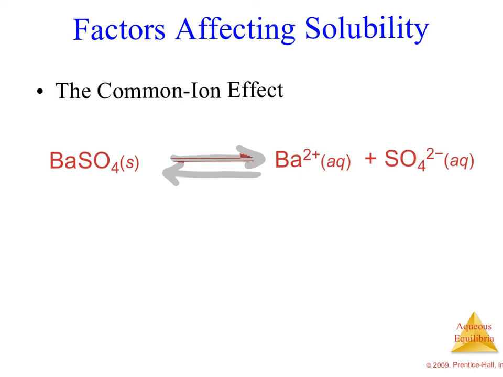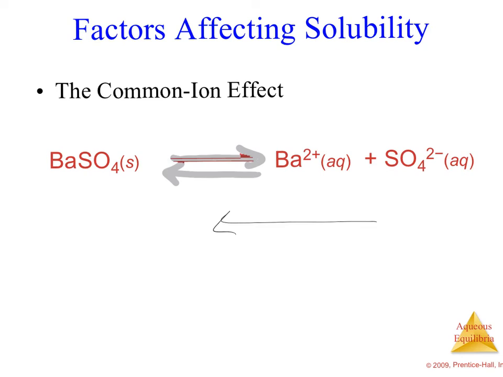And I know based on Le Chatelier's principle, if I add any products, equilibrium shifts left, making the compound less soluble. So this is again called the common ion effect. So if I add something that has sulfate to a container of barium sulfate solid in water, adding more sulfate shifts the equilibrium to the left, making the compound less soluble.